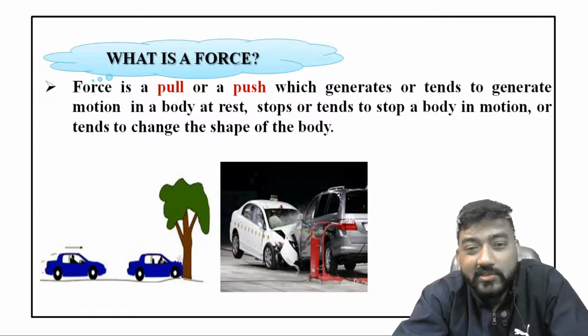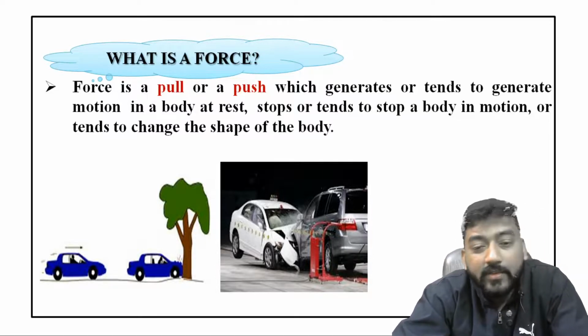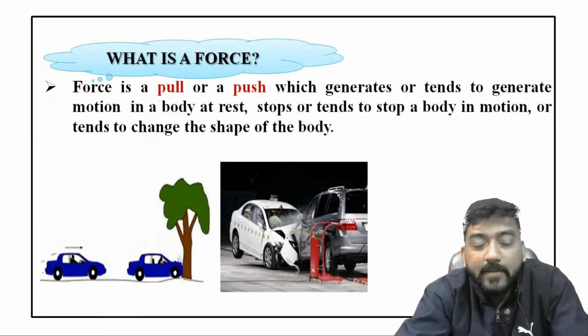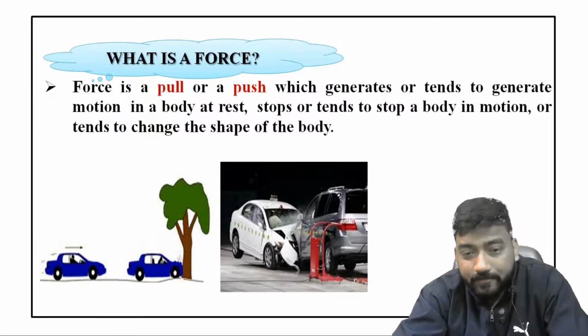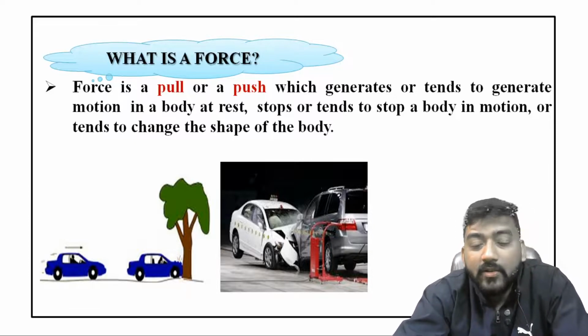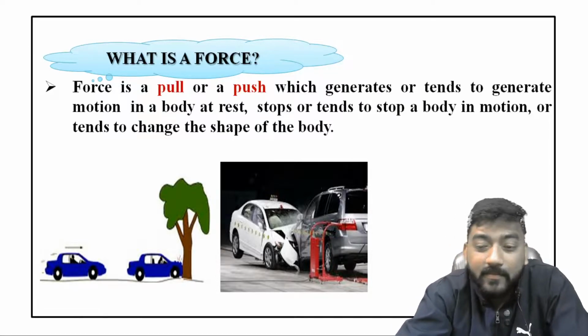So all these examples are actually the effect of force. And here you can see in this example that the car is stopped suddenly by force, and here also the cars are stopped suddenly, but the shape of the cars is also changed during accidents.